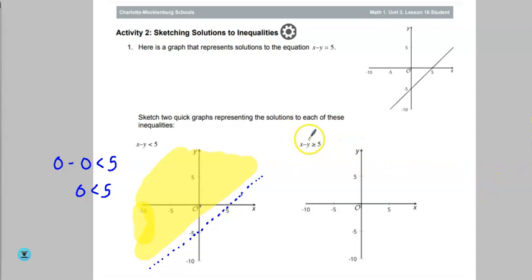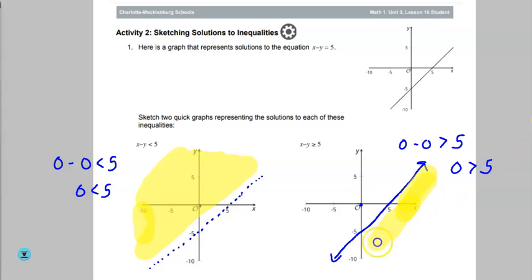This x minus y is greater than or equal to 5. It does have the or equal to, so that one would stay a solid line. If we did 0, 0 again, is 0 minus 0 greater than 5? Well, 0 minus 0 is 0. 0 is not greater than 5, so this is on the wrong side. So which side would I shade?